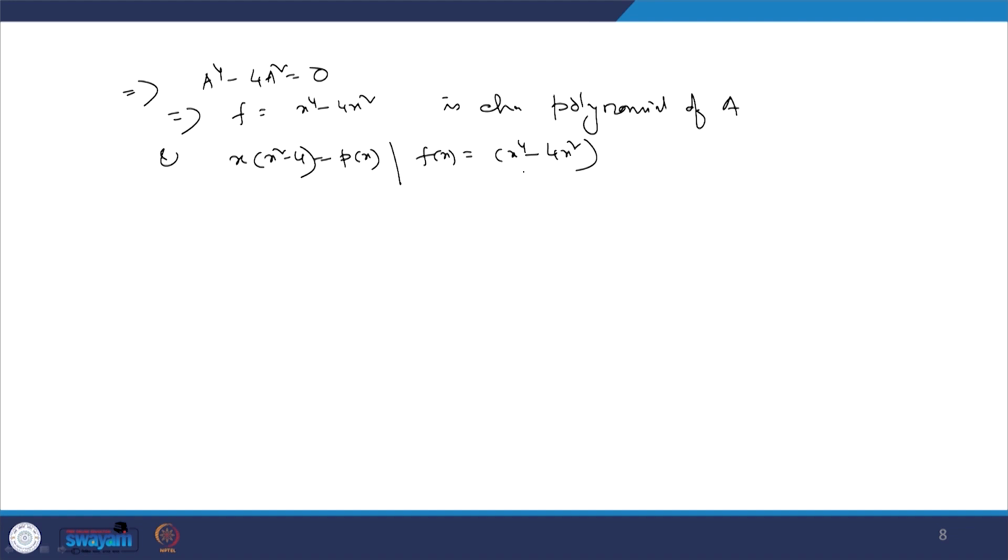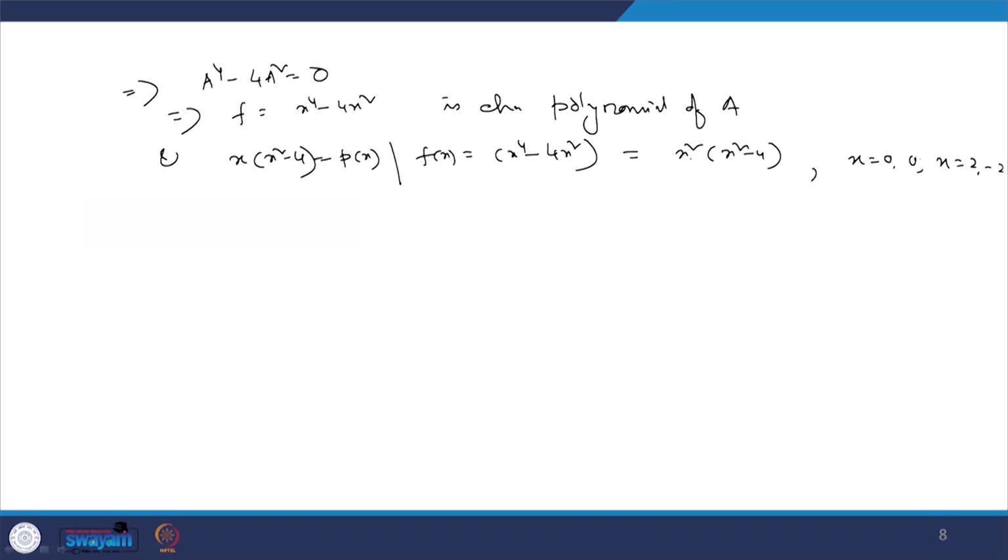So, you see that the minimal polynomial divides the characteristic polynomial also. Characteristic polynomial is equal to x square into x square minus 4. So, I will have x repeated, x equal to 0, 0 and x equal to 2 and minus 2.